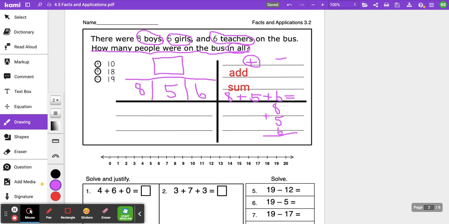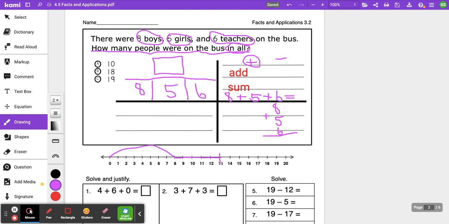Let's use the number line. I'm going to start with 8. That's the largest number. 8 and 5 more. 1, 2, 3, 4, 5. That's 13. Now 13 plus 6.